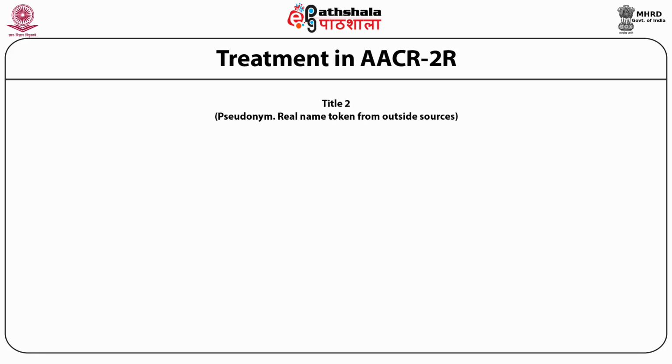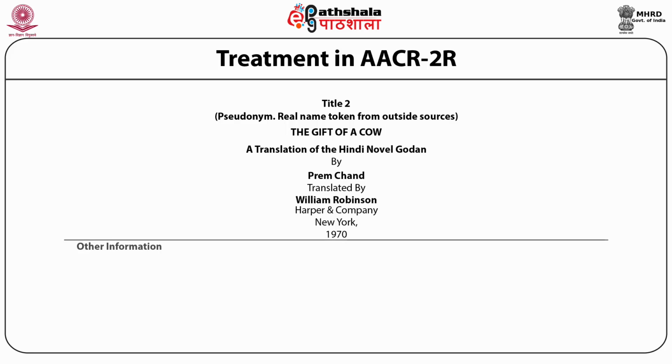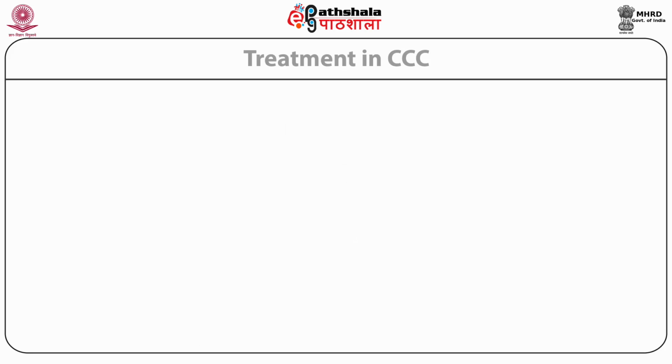Title 2 gives title, subtitle, pseudonym, collaborator, and imprint information. Other information including ISBN number is also given. The note indicates that Premchand is a pseudonym and the real name of the author, as revealed by an outside source, is Dhanpat Rai. The author has written some books under his pseudonym Nawab Rai.